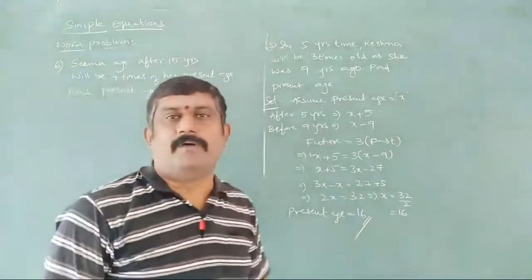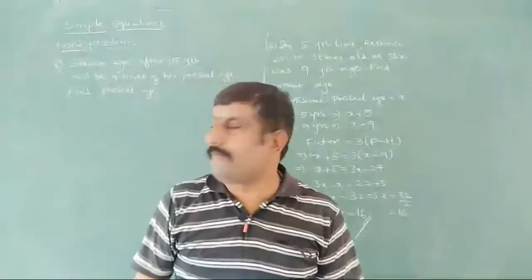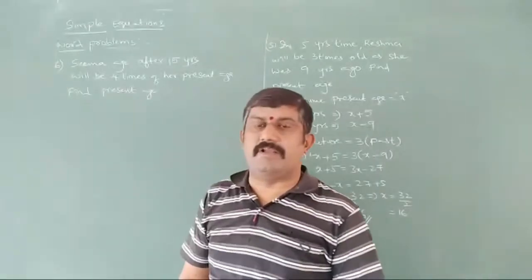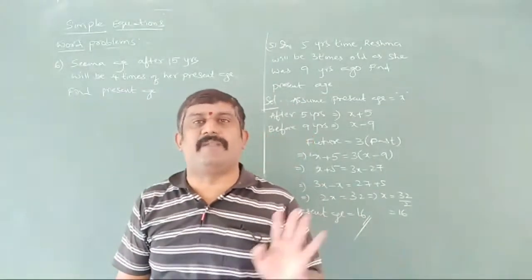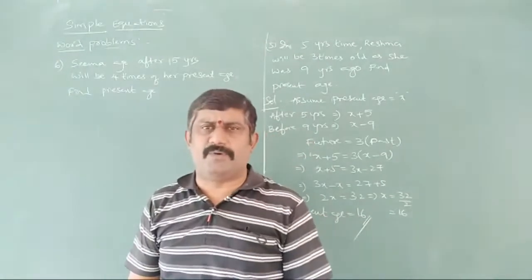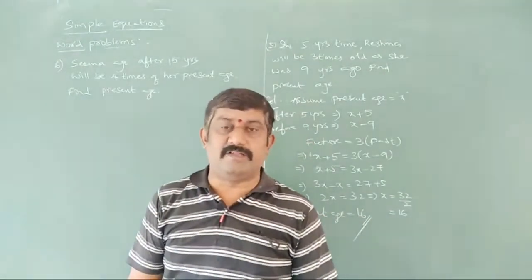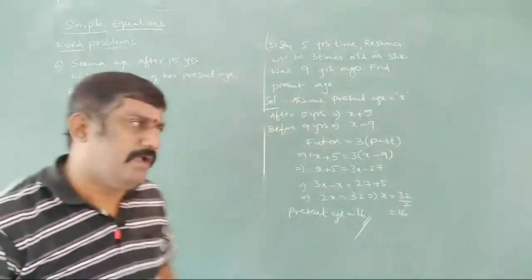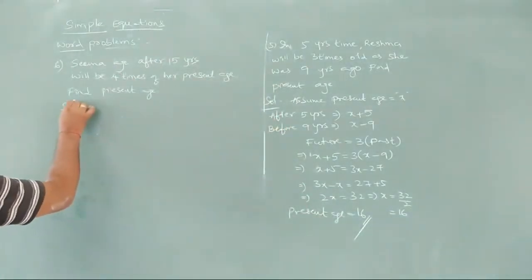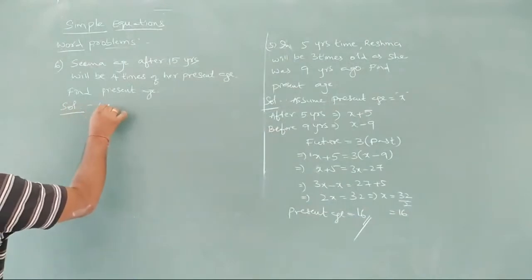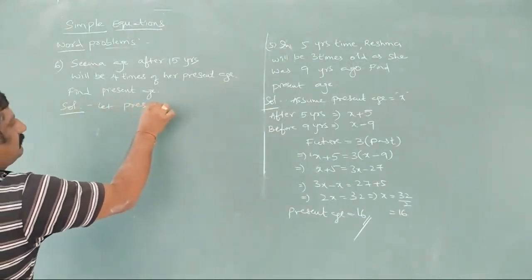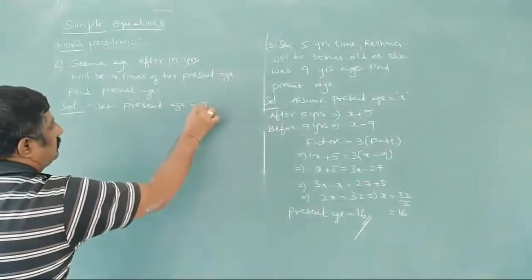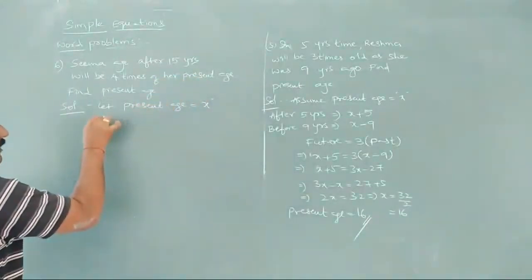Again, one more name we are taking here, Seema. After 15 years, her age will be 4 times of present age. Very simple problem. Assuming present age as x.